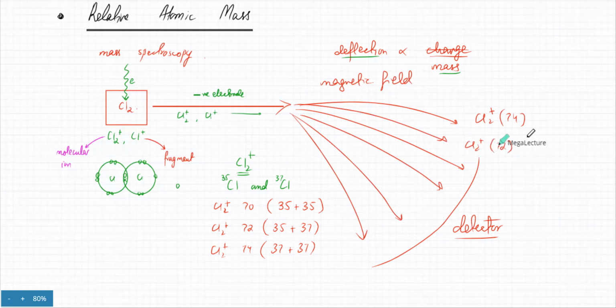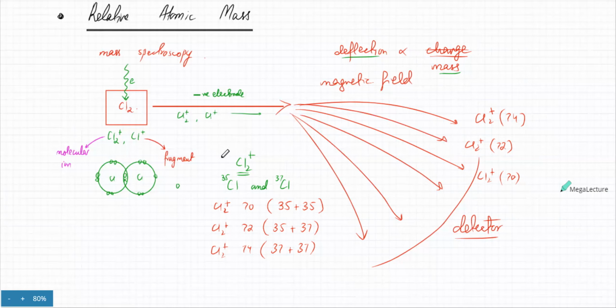The reason it's deflecting more is because the mass is slightly lesser. Then Cl2+ with a mass of 70 is going to be deflected even more because it's lighter. So you're going to get all these deflections at different positions, at different angles, and based on the deflection, you can figure out the mass. There must be a constant over here: you put in the deflection, you get the mass of the particle.